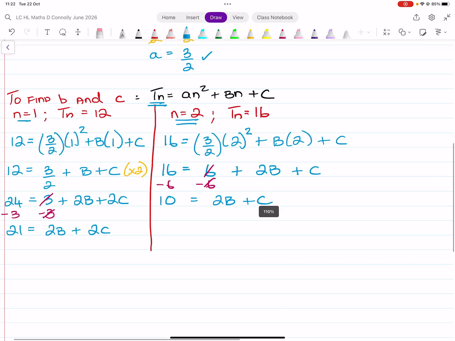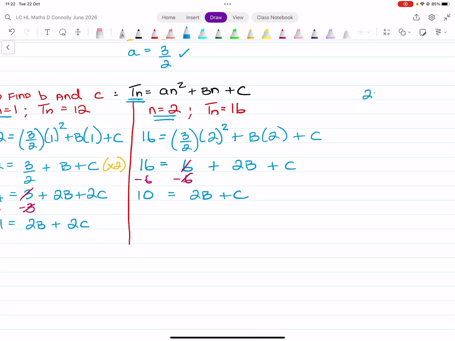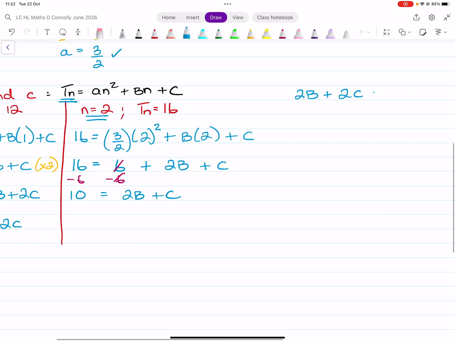Okay, so now I'm going to use those two over here. And I'm going to solve the simultaneous equation. 2b plus 2c equals 21. And 2b plus c equals 10. So I'm going to cancel these. And the way I do that is by making one of them a minus.